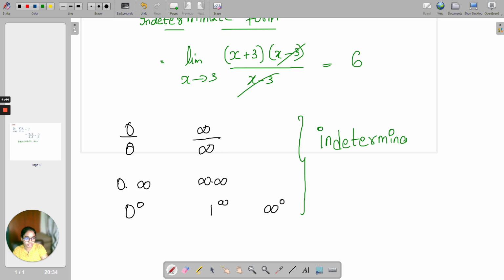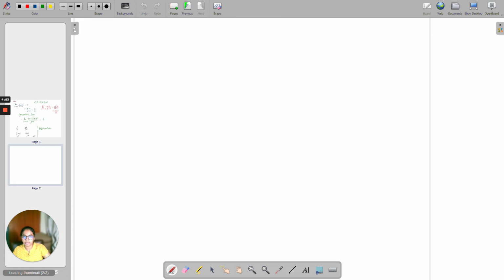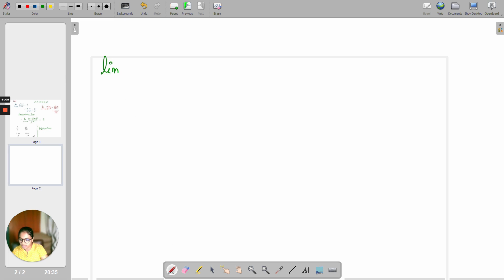So what do we do when we arrive at an indeterminate form? We try to change the expression a bit. Let me take another example: limit x tends to infinity of 2x square minus 3x plus 7 divided by x square plus 47x plus 1.